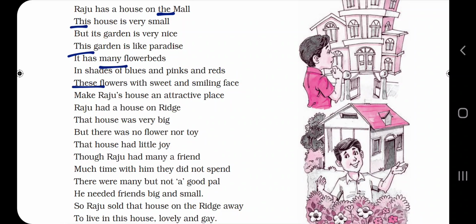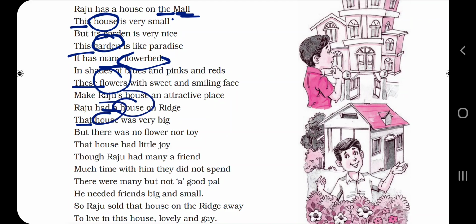Raju had a house on the ridge. That house. See, all these are nouns. Can you notice this? House.